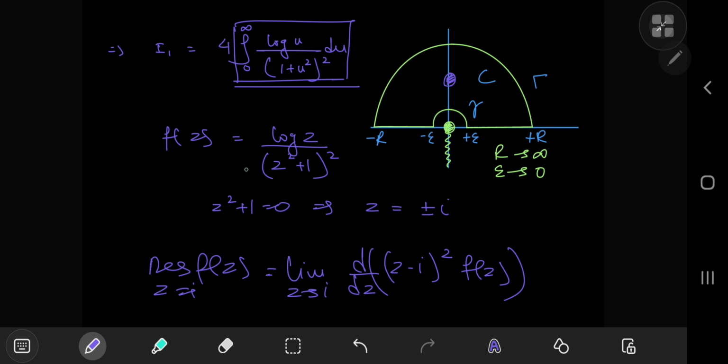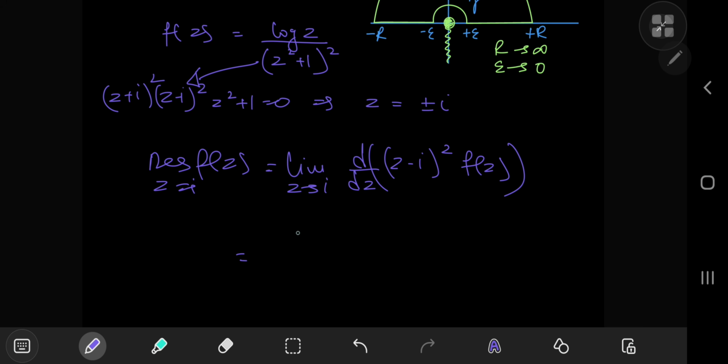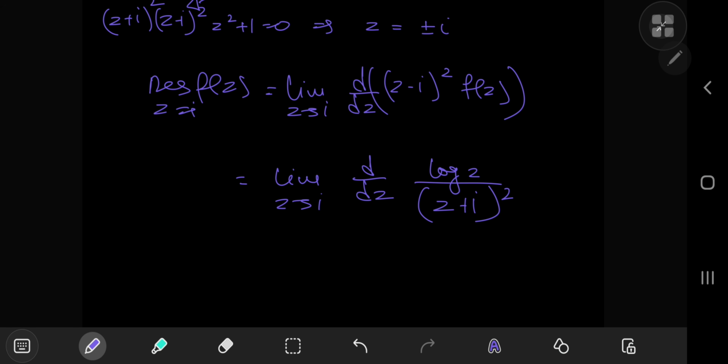You can factorize the denominator here as z plus i times z minus i, both squared. So this means that on the right-hand side, you have the limit as z approaches i of the derivative with respect to z of log z divided by z plus i squared.